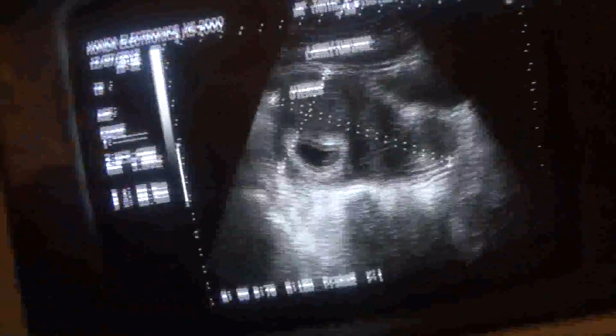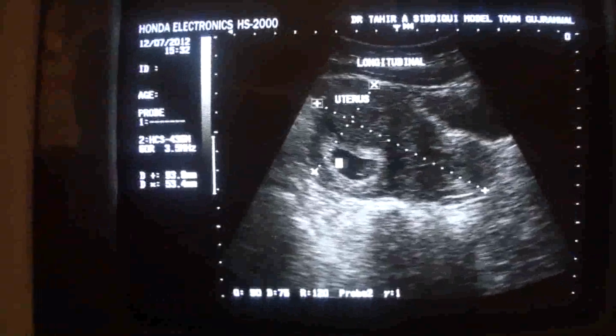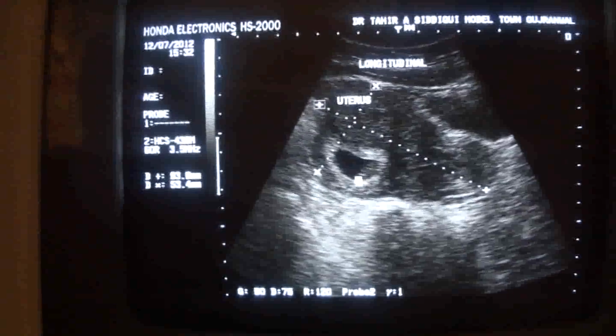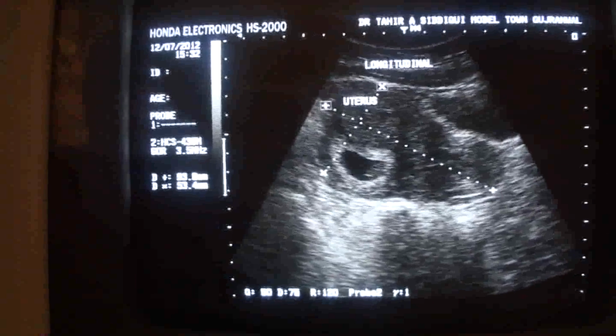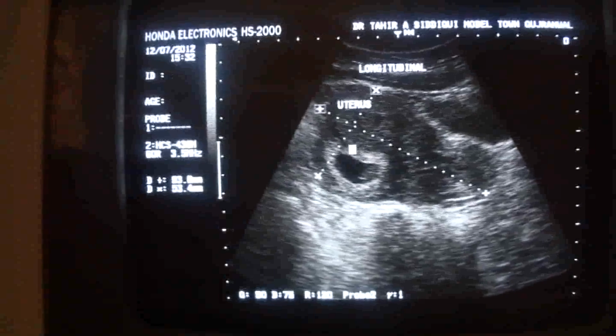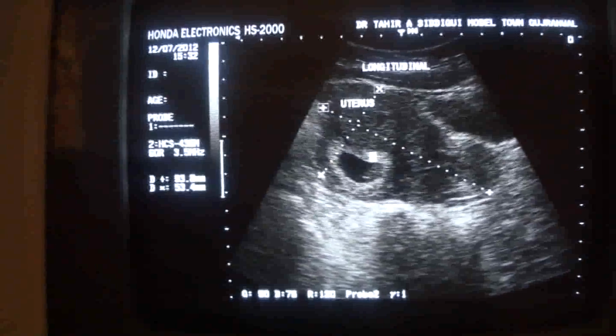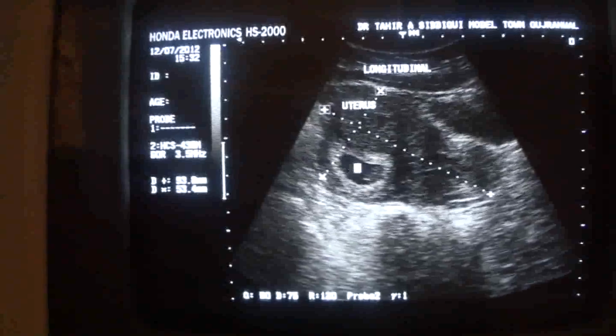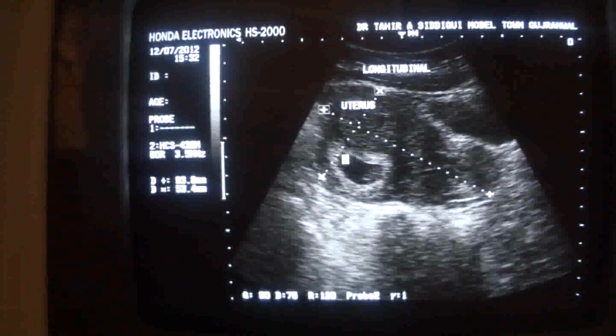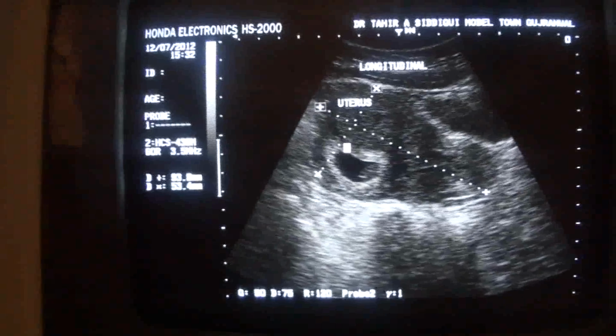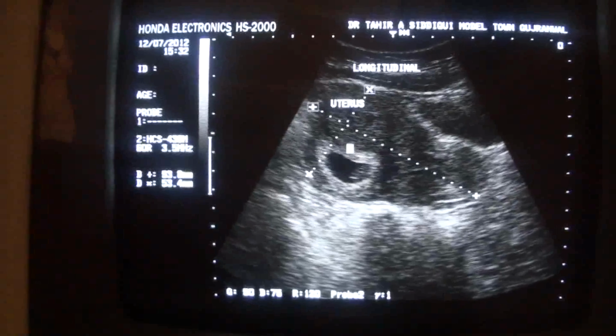This is the gestational sac, this area, and this echogenic area within it is the fetal pole. This bright echogenic rim around this fluid sac, the gestational sac, is the trophoblastic reaction or the double decidual reaction.